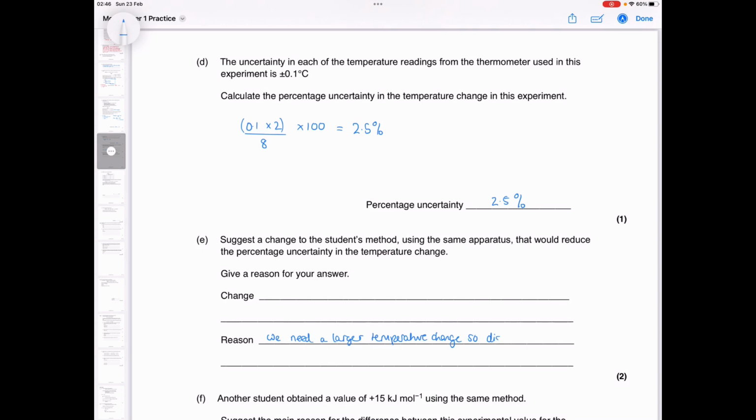So dissolving a greater mass of solid would lower the temperature even more.